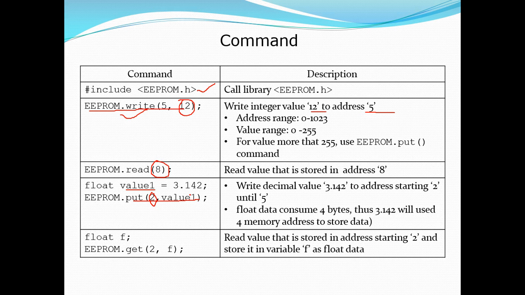In C++ we have some term for this, I don't remember. So you want to store data at address number 2 until 5. And then next, EEPROM get reads whatever data is there and stores it in variable f. Store it in the variable data.